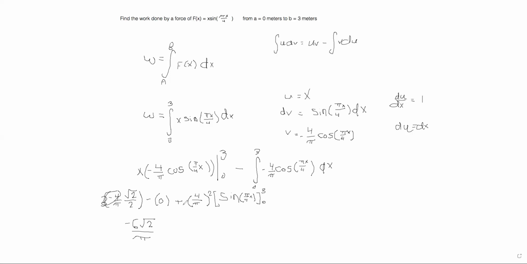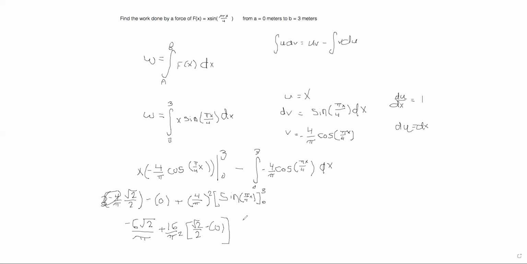This is going to be 16 over pi squared. And then we have sine of 3 pi over 4, which is square root of 2 over 2, minus sine of 0, which is just, conveniently enough, 0.